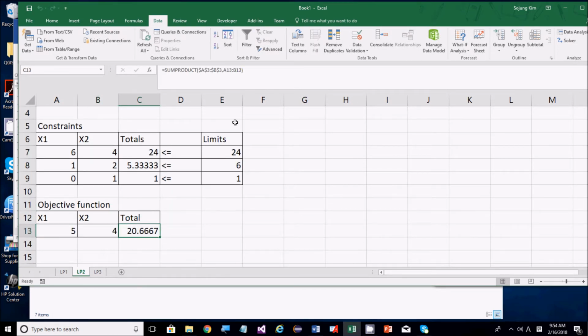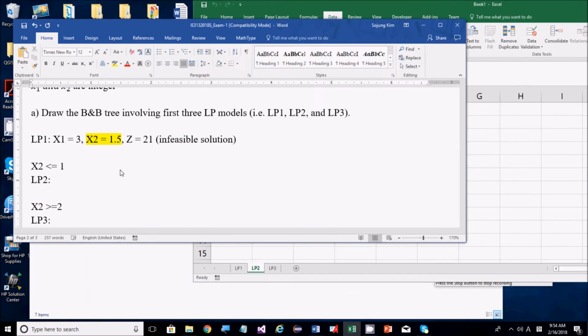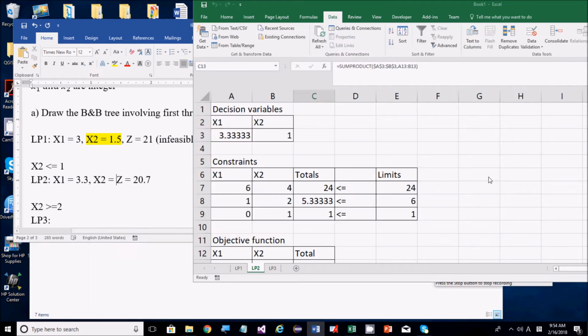The z value, which is the objective value, will be about 20.7 when x1 equals 3.3 and x2 equals 1.